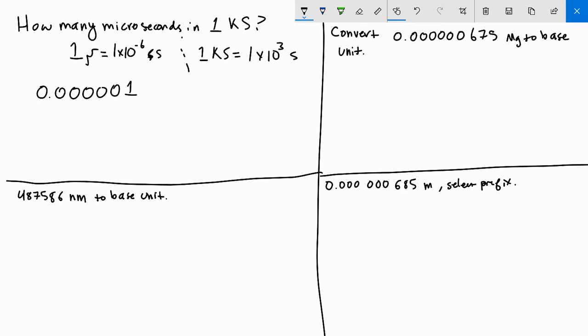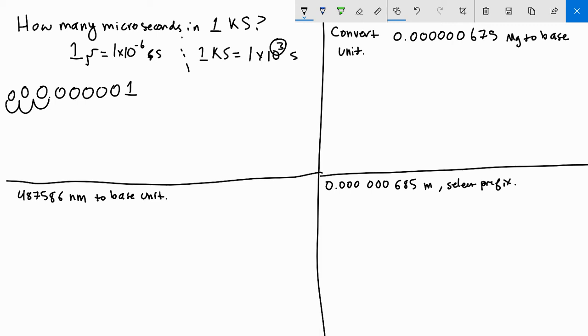So that means I'm going to have to move my decimal over 3 more times. Since I'm going from something smaller to something bigger, I need to move my decimal over to the left. So let's take that decimal, and we're going to move it over 1, 2, 3 more times, because it's 10 to the 3rd power. And I'll fill in my extra zeros.